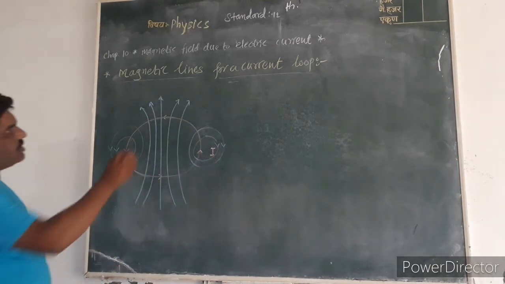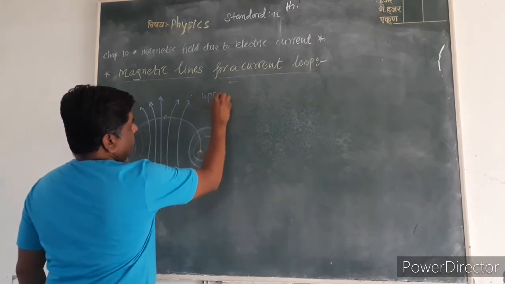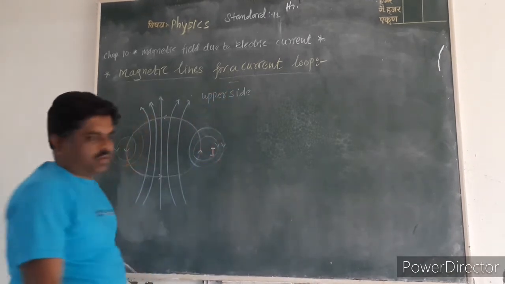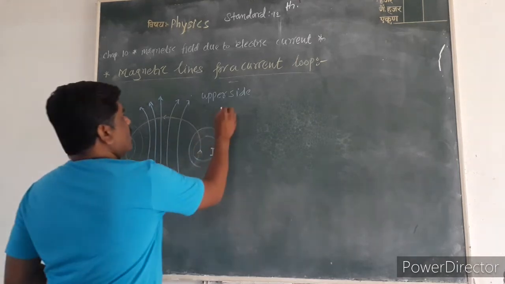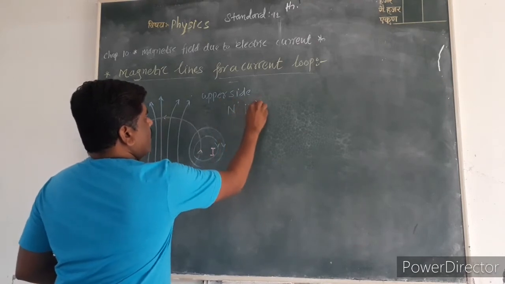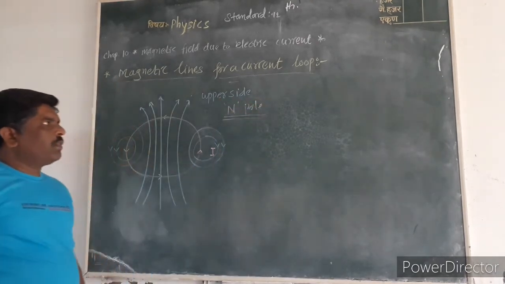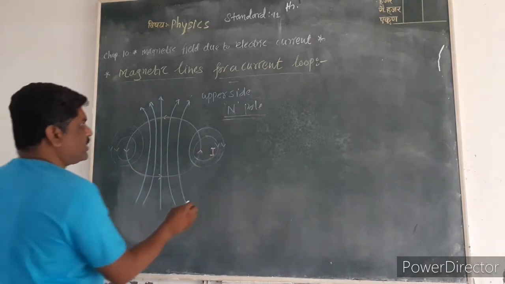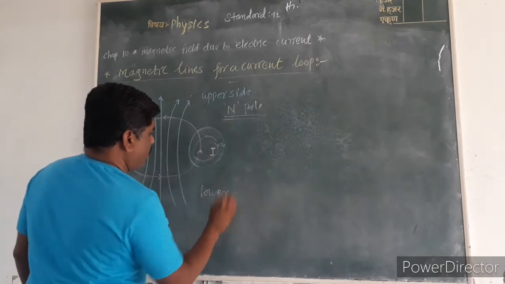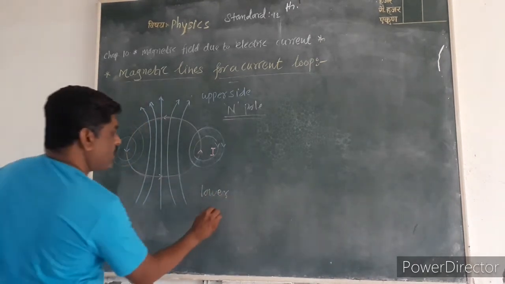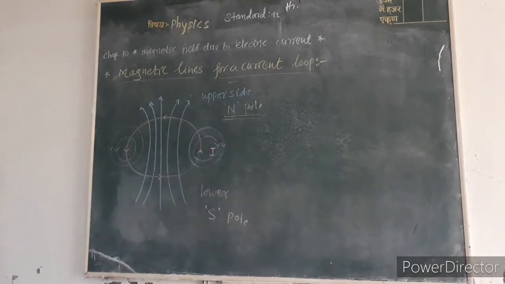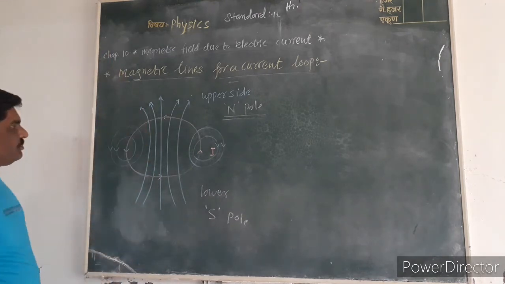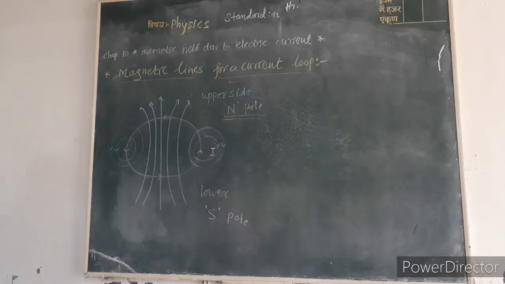That is, this upper side or upper part acts as an N pole, and the lower side or lower part acts as an S pole of the bar magnet, and these lines are called magnetic lines.